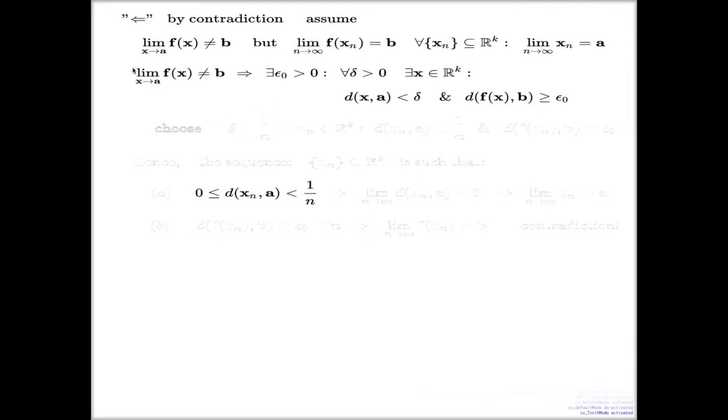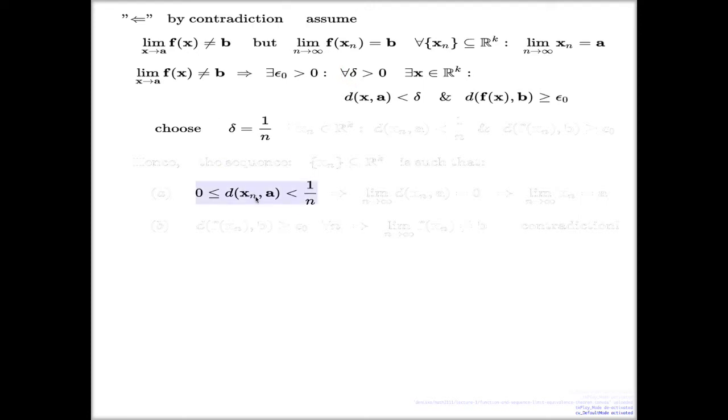Look at what I'm going to do. I'm going to choose a particular delta, because this epsilon naught works with every delta, so I make a choice for delta, like this, 1 on n.